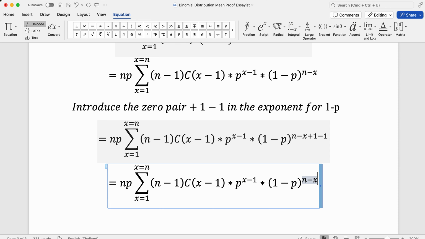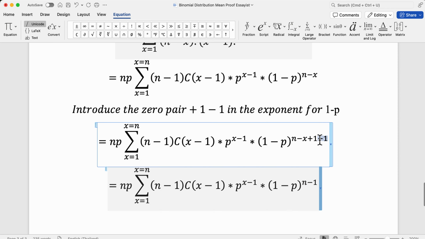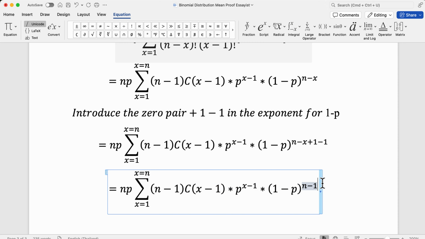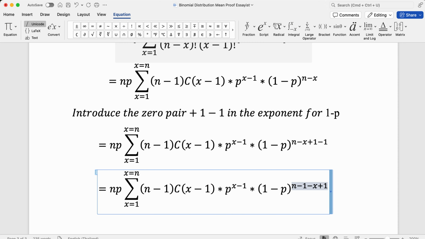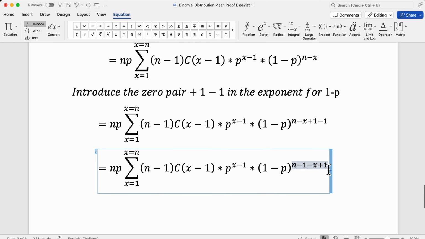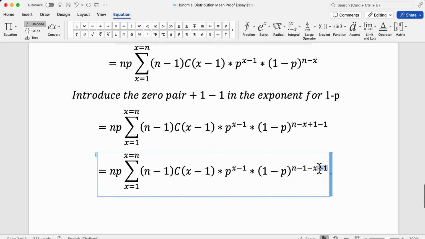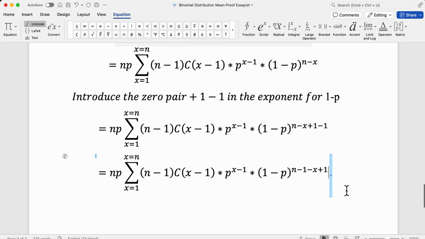I'm going to bring the negative 1 here, right next to the n, and the 1 and the negative x are going to go with each other. Negative x plus 1. Now I'm going to do something very sneaky. This plus 1 is essentially going to become a double negative at this point.